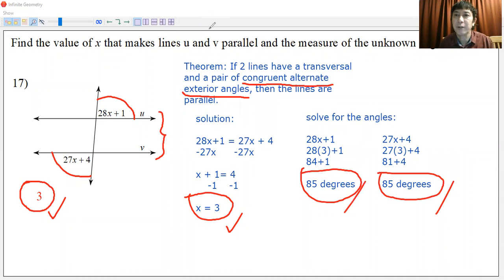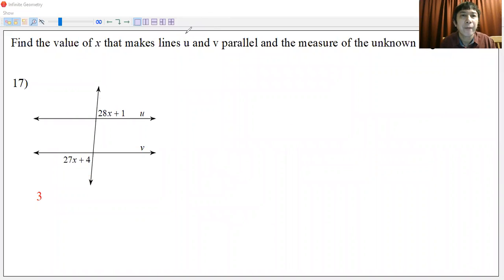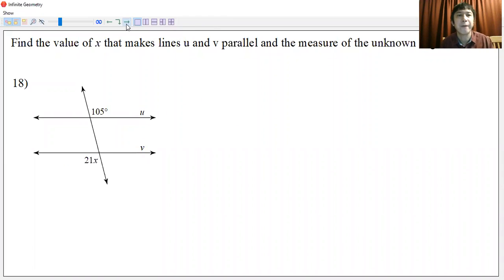Number 18 now. Let's continue with 18. Number 18. Here's number 18. All right. Oh, this one looks simpler, okay? But the same configuration, alternate exterior, and we have a simpler equation here. But the same theorem is applied.